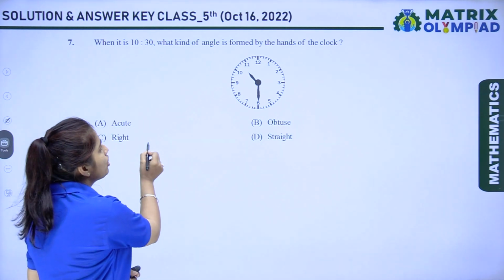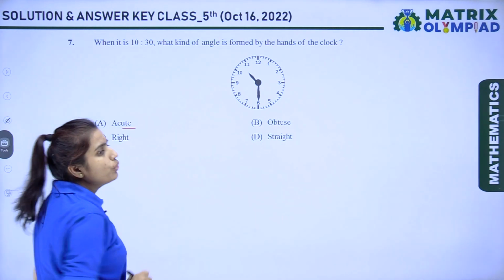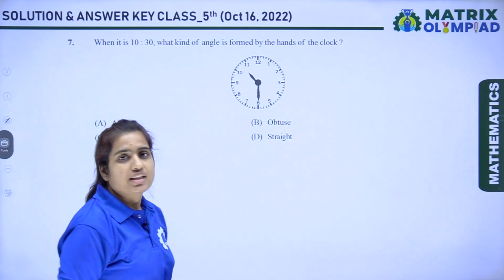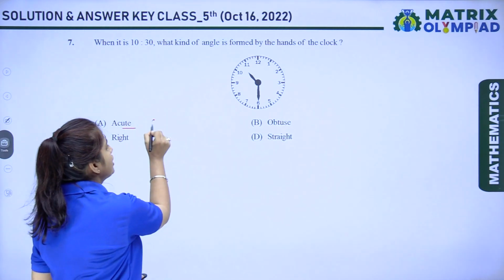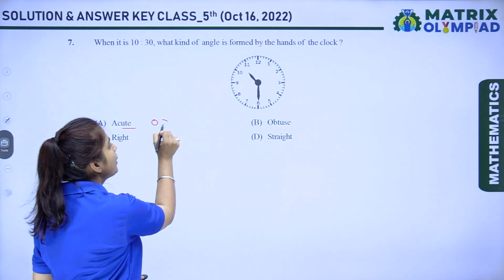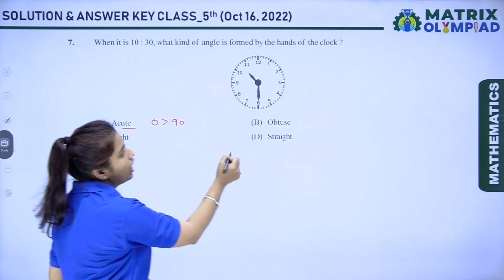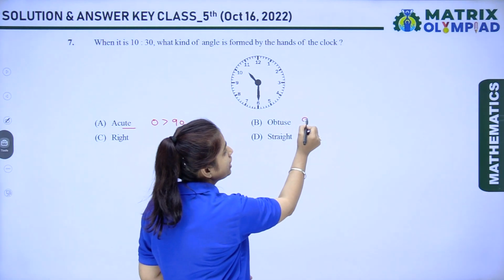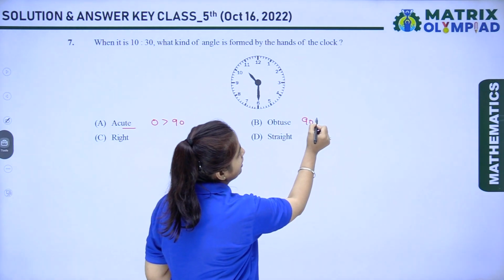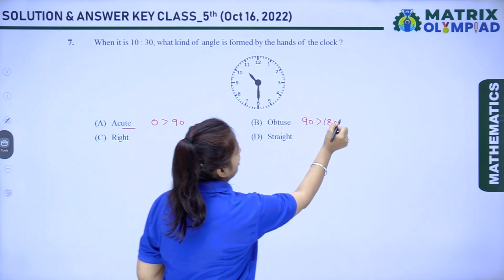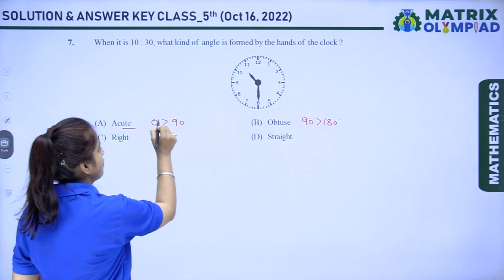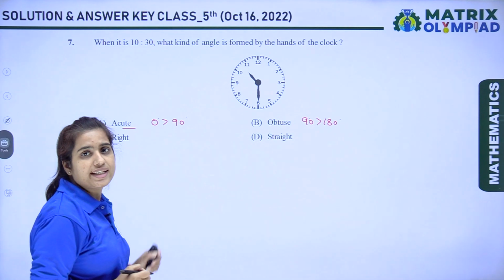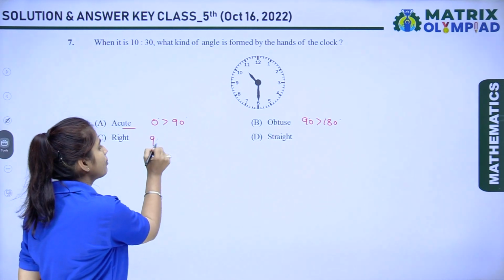Now, we know that an acute angle is always less than 90 degrees. So, we can say that it is greater than 0 but less than 90 degrees. Now, an obtuse angle is greater than 90 degrees but less than 180 degrees. If we talk about the right angle, it is 90 degrees.